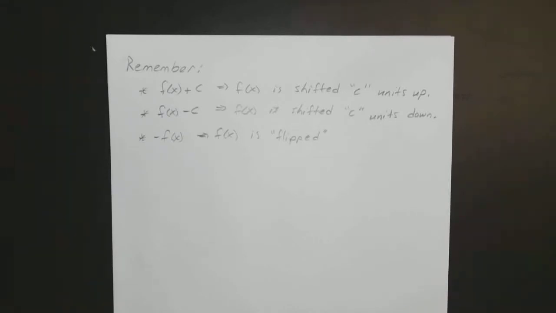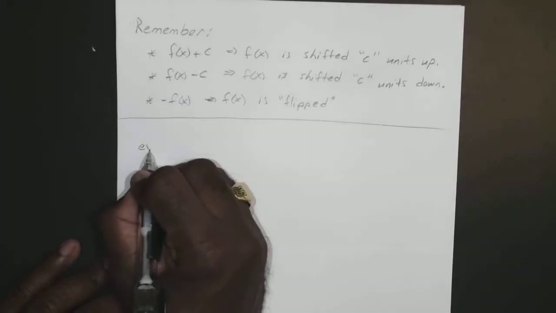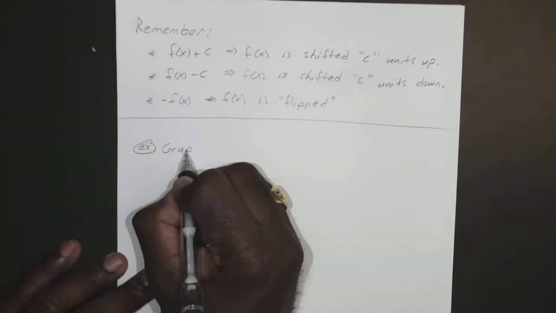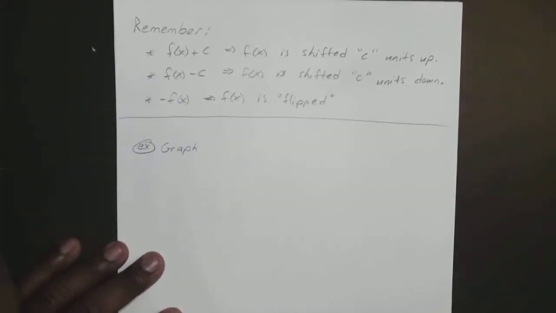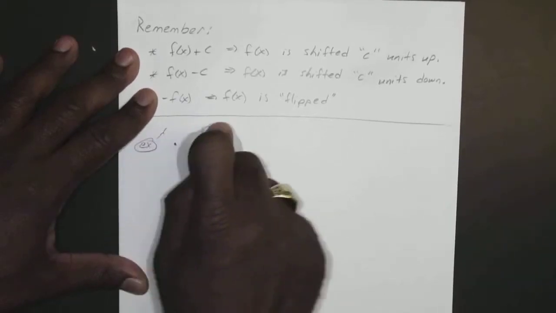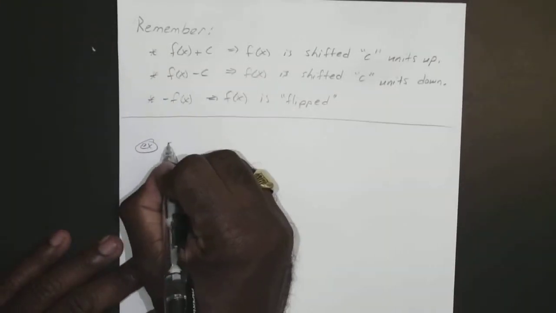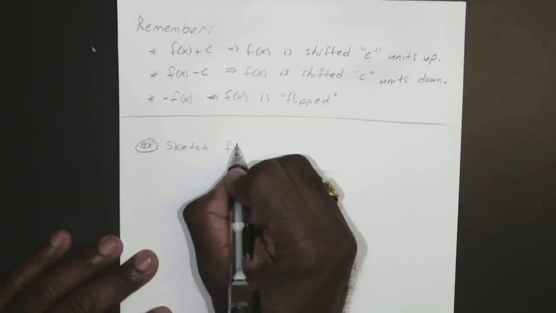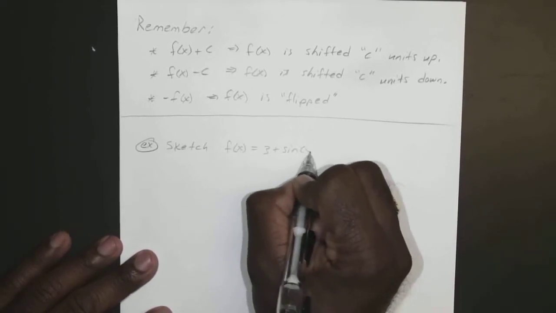Okay, so let's say, for example, if you wanted to graph, or in this case sketch, I can't really say graph because we're not putting in actual points, we're just kind of looking for the general idea. So sketch f of x equals 3 plus sine of x.